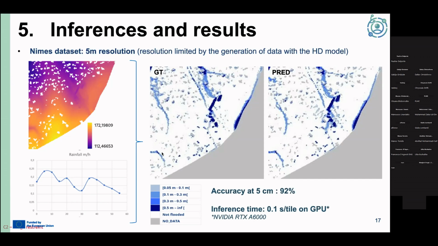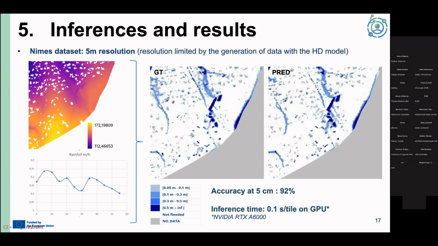What we wanted first was to find the best AI model to do faster, and almost as well as the hydrodynamic model. But we didn't have a lot of time to generate outputs for the 1 meter resolution.